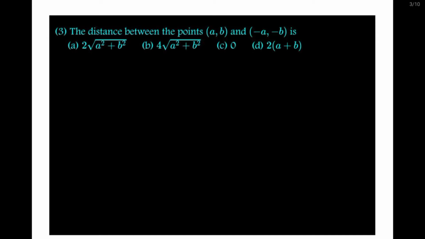And the question is, the distance between the points A and B, whose coordinates are given as (a, b) and (-a, -b). We have to find the distance between these two, and we have the formula for the distance between 2 points. Suppose P is given as (x1, y1) and Q is given as (x2, y2).